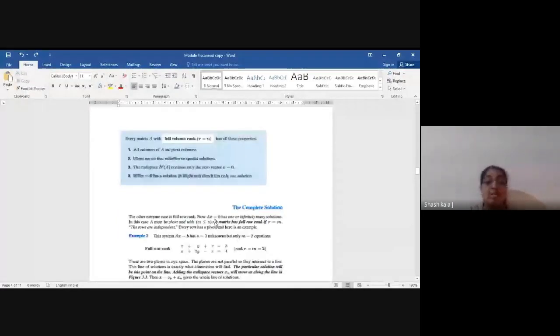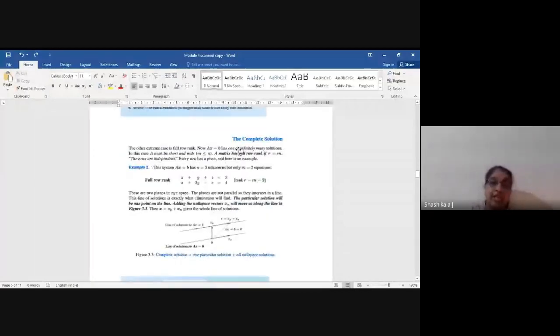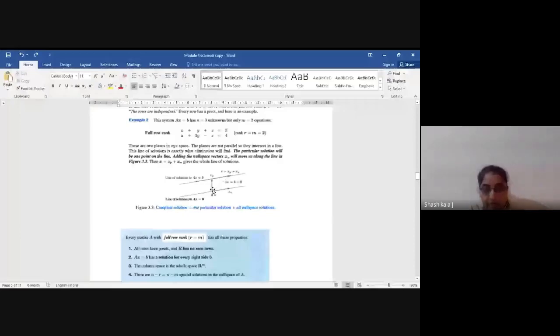And what is the meaning of the complete solution they are explaining in this figure? Here there are two lines. The line of solutions to Ax = b, and x_p is some point on the line. If there is a null solution, it extends along the same direction, so you get the line of solutions.